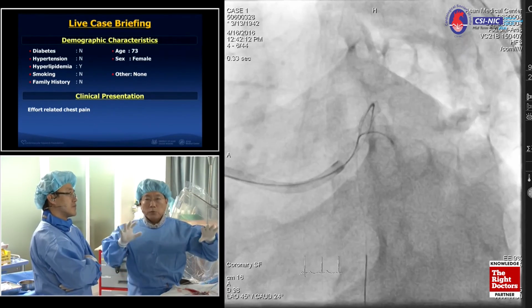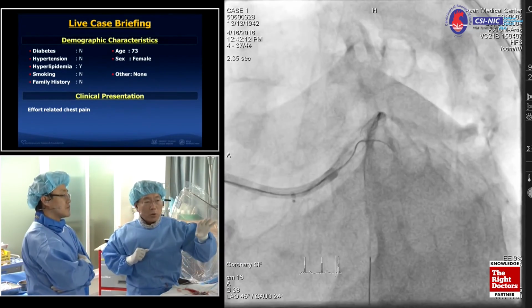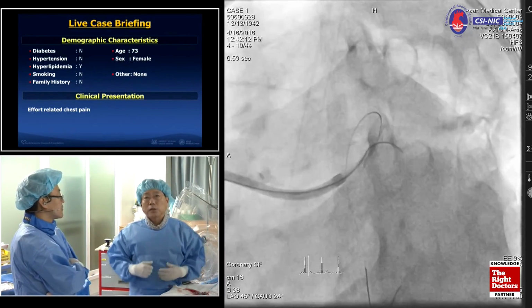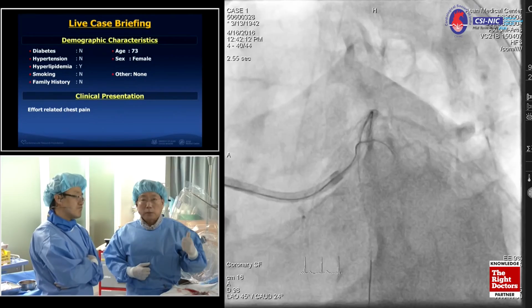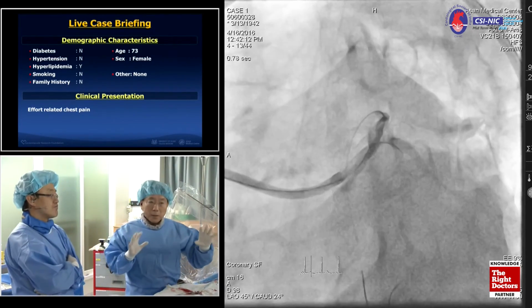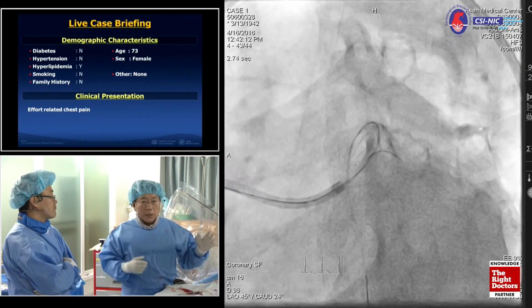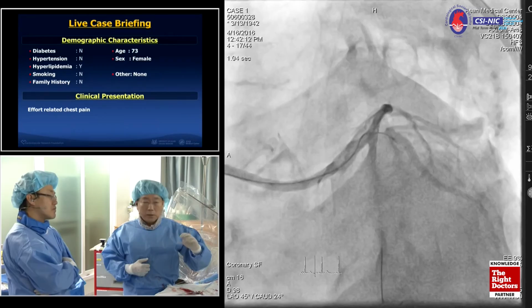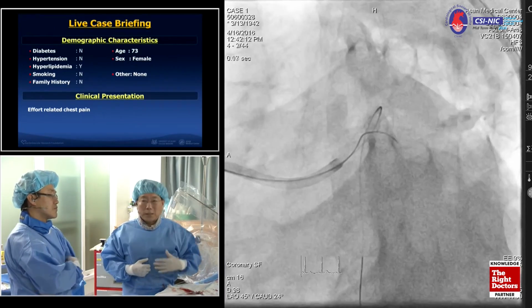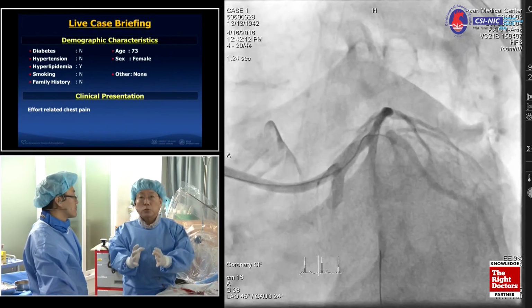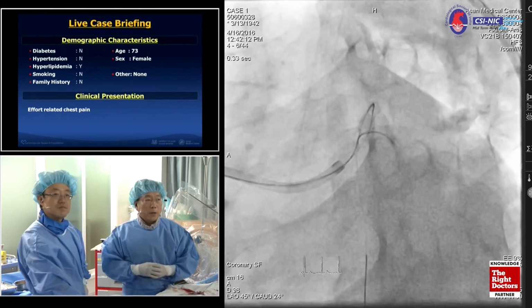However, if you look at the guideline, for low and intermediate SYNTAX, any main disease is still a good candidate for angioplasty. That means for the main disease, at least two-thirds, more than 67%, almost 70% of cases would be good for intervention.